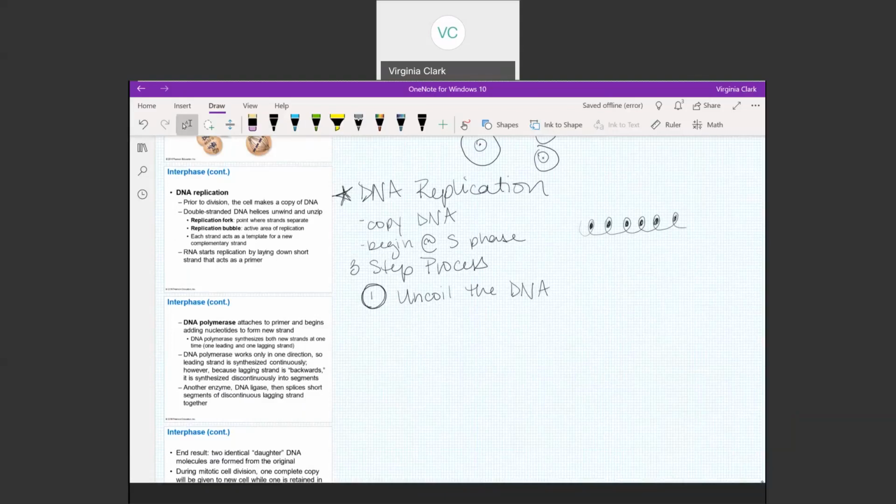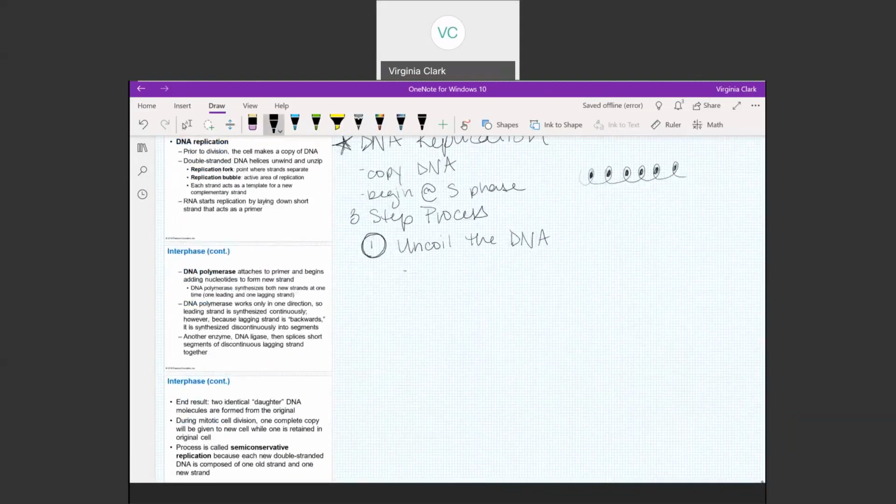In order to uncoil the DNA, you're going to have specific enzymes that will unwind the double helix of DNA. The reason you're doing this is to expose the bases.